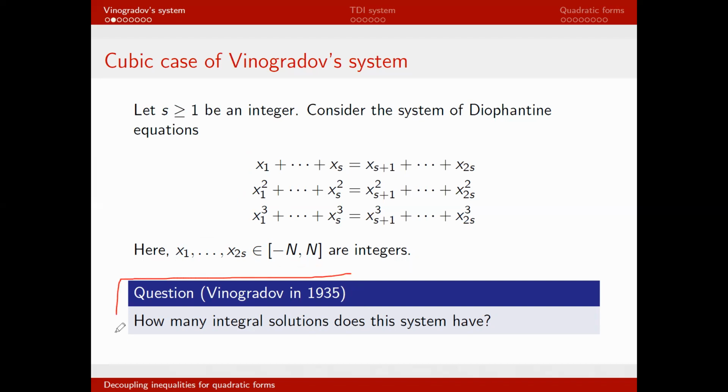This is the main question that we are interested in, and this problem was recently solved by Uri and Dimitrov. Let's first calculate the lower bound of the number of solutions.